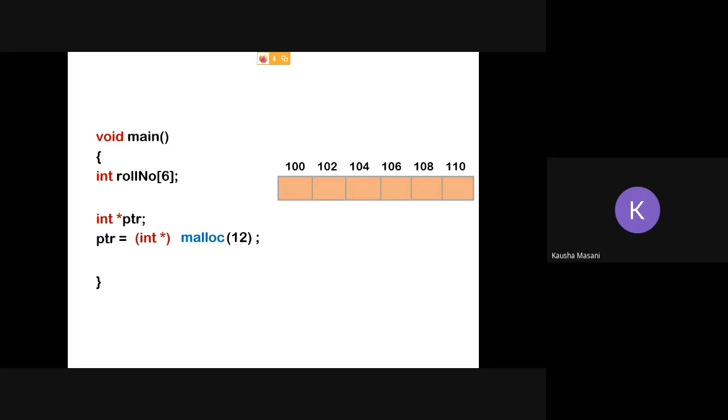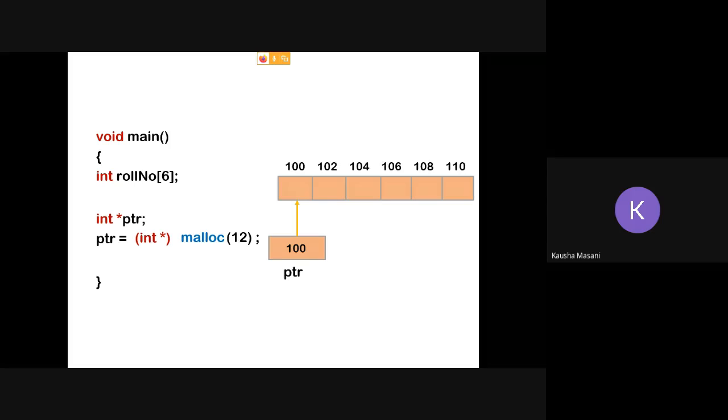For example, the first block is at memory address 100, the second at 102, third at 104, then 106, 108, and 110. When malloc 12 gets executed, we know that it is going to return a void pointer pointing at the memory block. So that pointer is going to point at address 100.